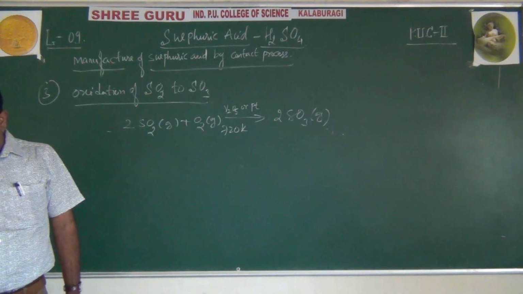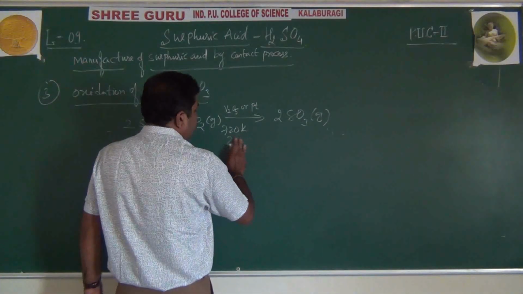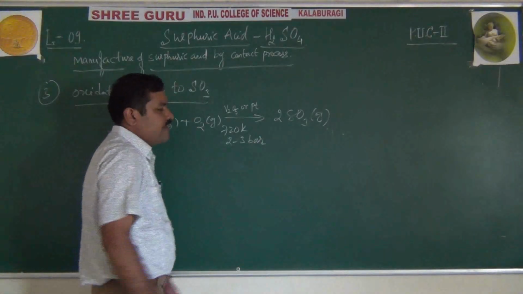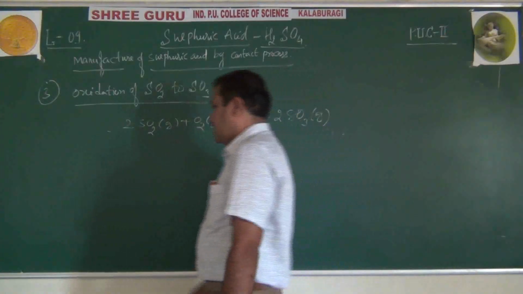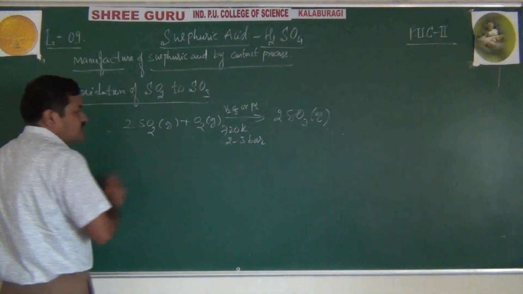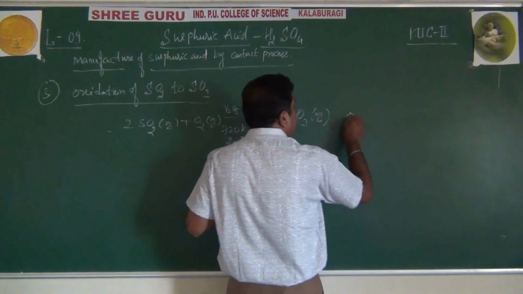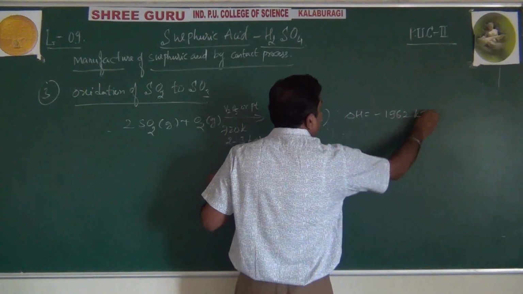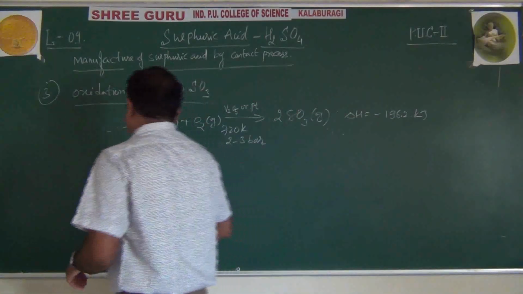Under low pressure, we compress it to 2 to 3 bar pressure. Sulfur dioxide is oxidized to sulfur trioxide. And here also, according to Le Chatelier's principle, this is a highly exothermic reaction. Delta H is about minus 196.2 kilojoules, heat energy is liberated, highly exothermic.